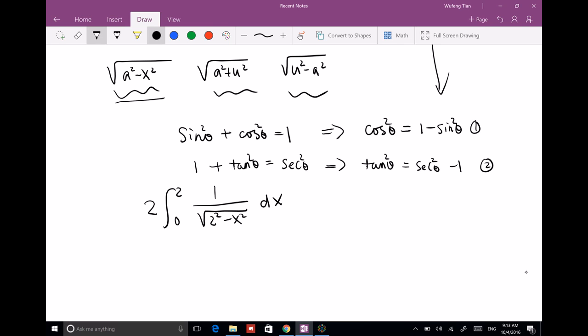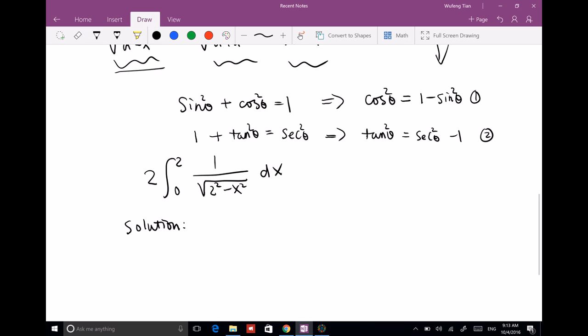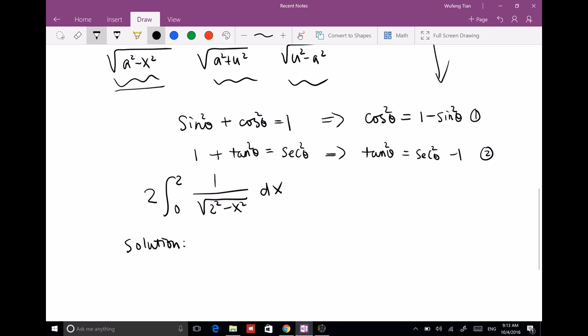Since we use cosine theta squared equals 1 minus sine theta squared, what do you think I might need to substitute for x? Can anyone tell me what x would be? Luke? x would be sine theta.